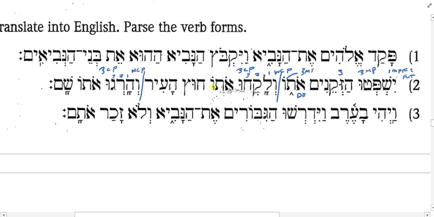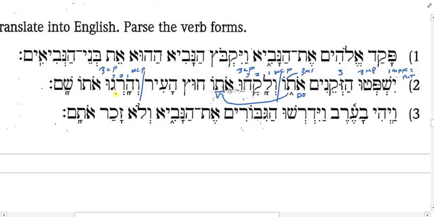Otho? Him. It's the same pronoun as what we had, right? And they will take him. Hutz ha'ir. What did hutz mean? Outside. So they will take him outside the city, and then they will do one more thing.